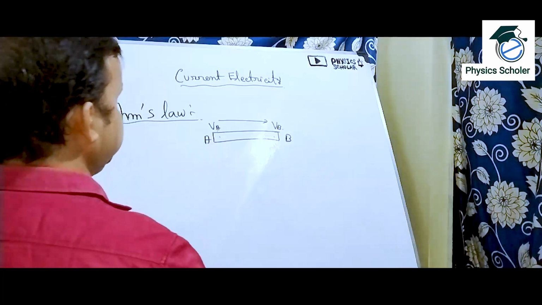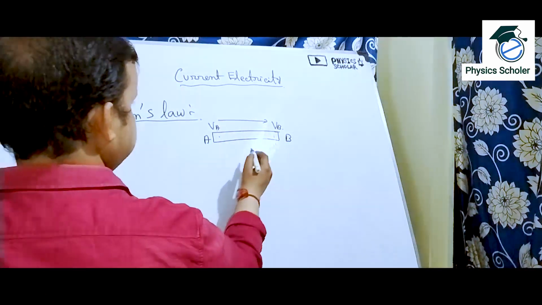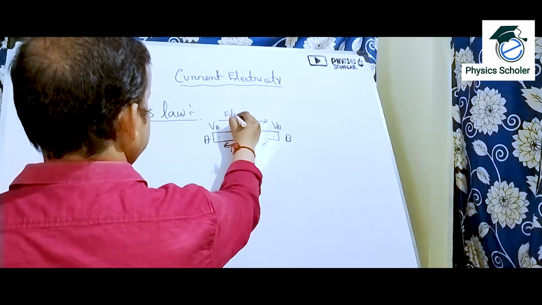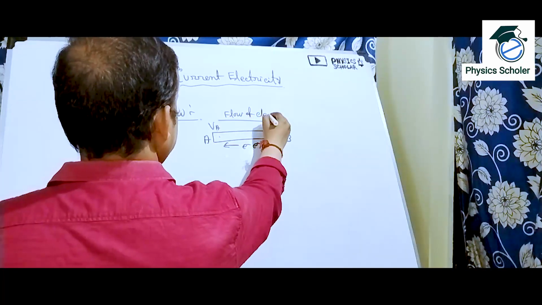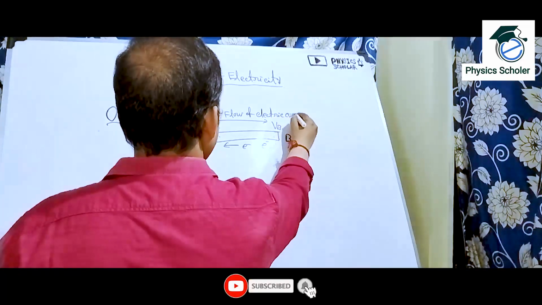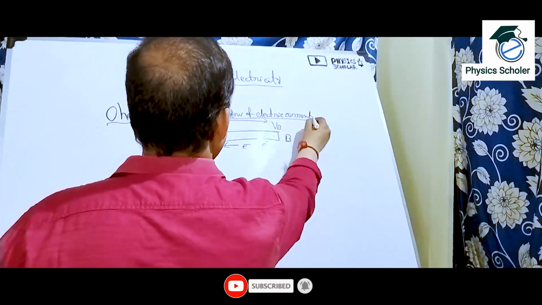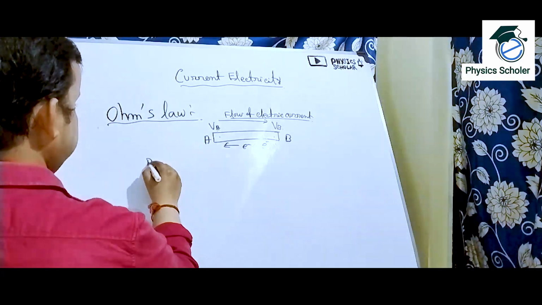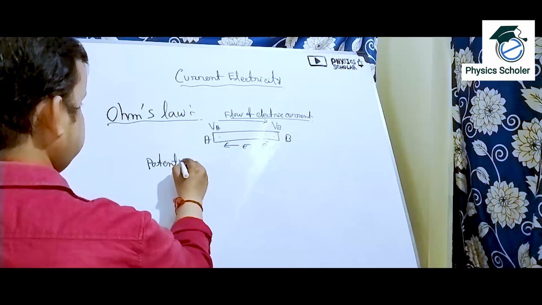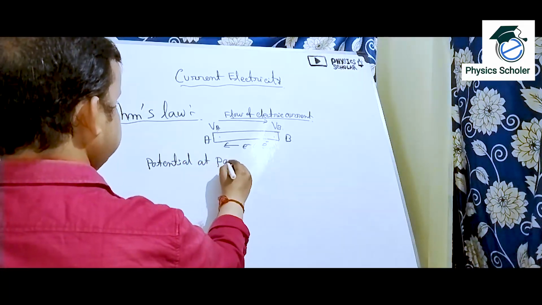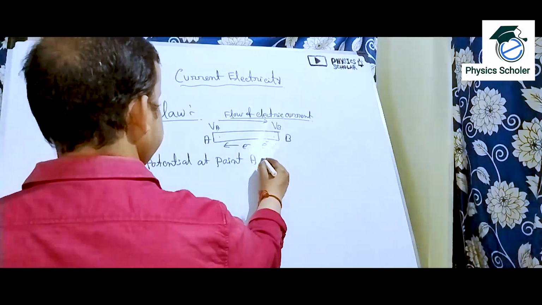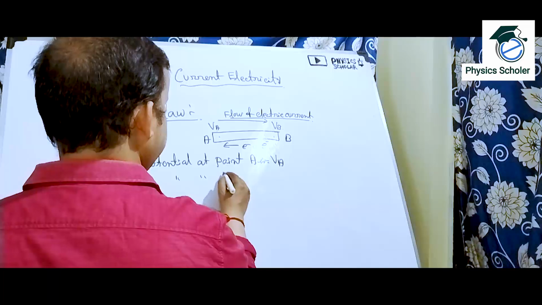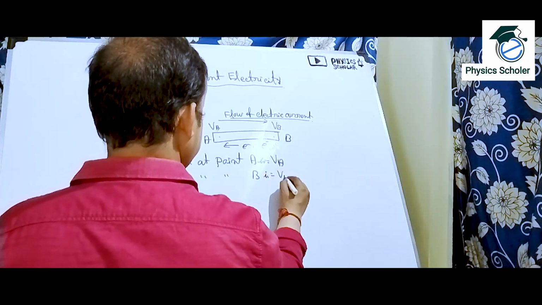Suppose AB is the conductor. So the potential at point A is VA, and potential at point B is VB.